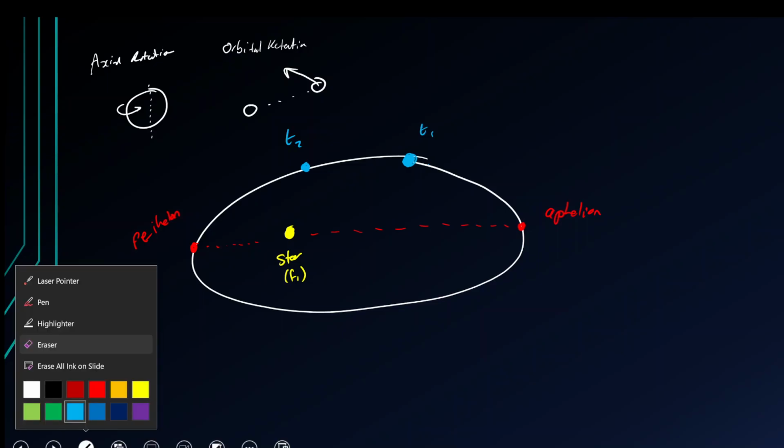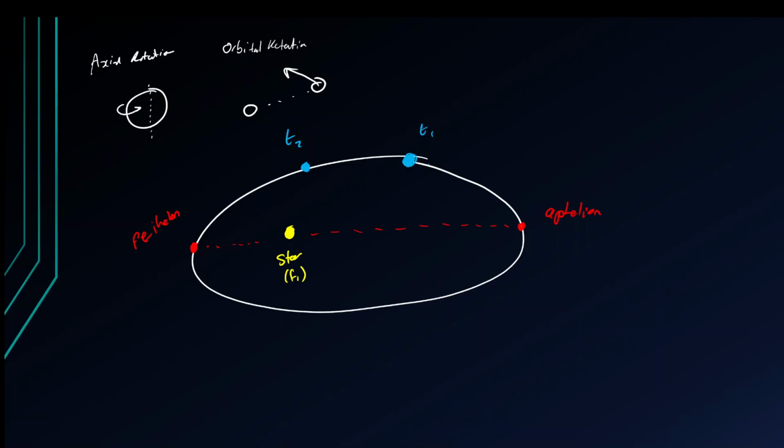If we consider the angle between here, say alpha, then during the same time interval, this arc will be traced over here. It's not necessarily to scale, but here's t3.